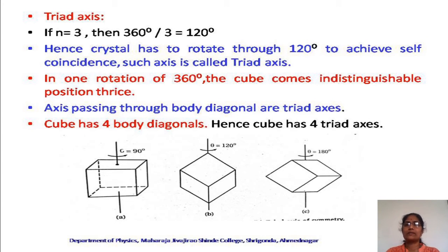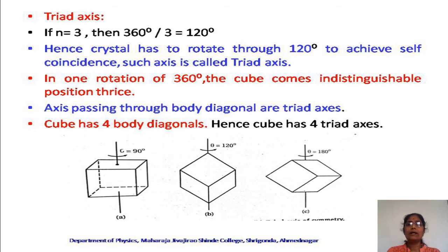Then next, triad axis. For triad axis, you have to substitute n is equal to 3. By substituting n is equal to 3, 360 degree by 3 gives us 120 degree. It means that if we rotate the crystal through 120 degree, then it will match with itself. And in a complete rotation of 360 degree, we will obtain such position thrice, and hence it is called the three-fold axis of symmetry or triad axis.